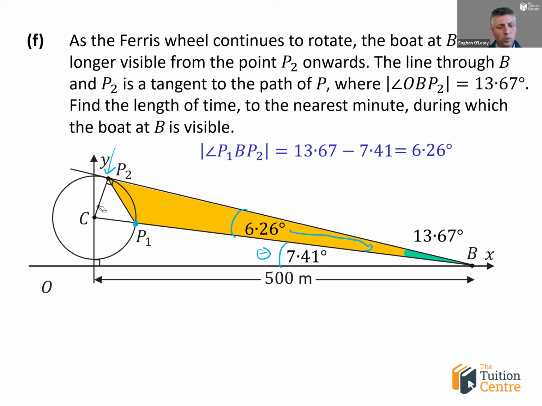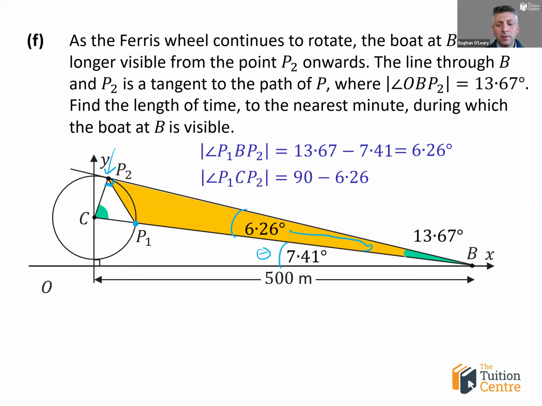So if we look here, we can work out this angle now that's in green, the angle P2 C P1, right? Because we know that there's a 90-degree angle up here.